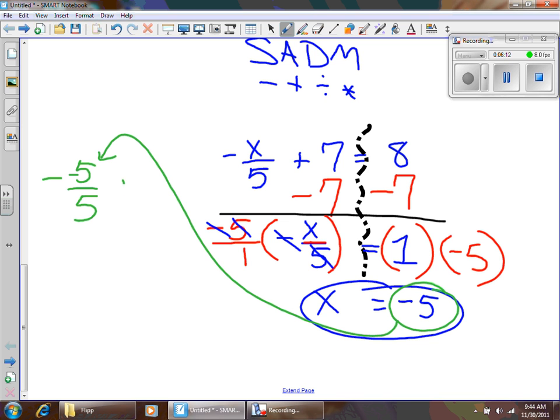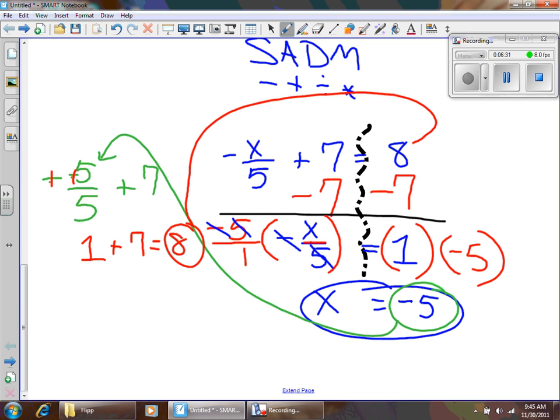All right, and then I'll have to add 7 to what I get. Well, minus a negative is the same as plus a positive. All right, 5 divided by 5 is 1, plus 7 is 8, and look at that. That matches the original problem right there. I know I did it correctly.